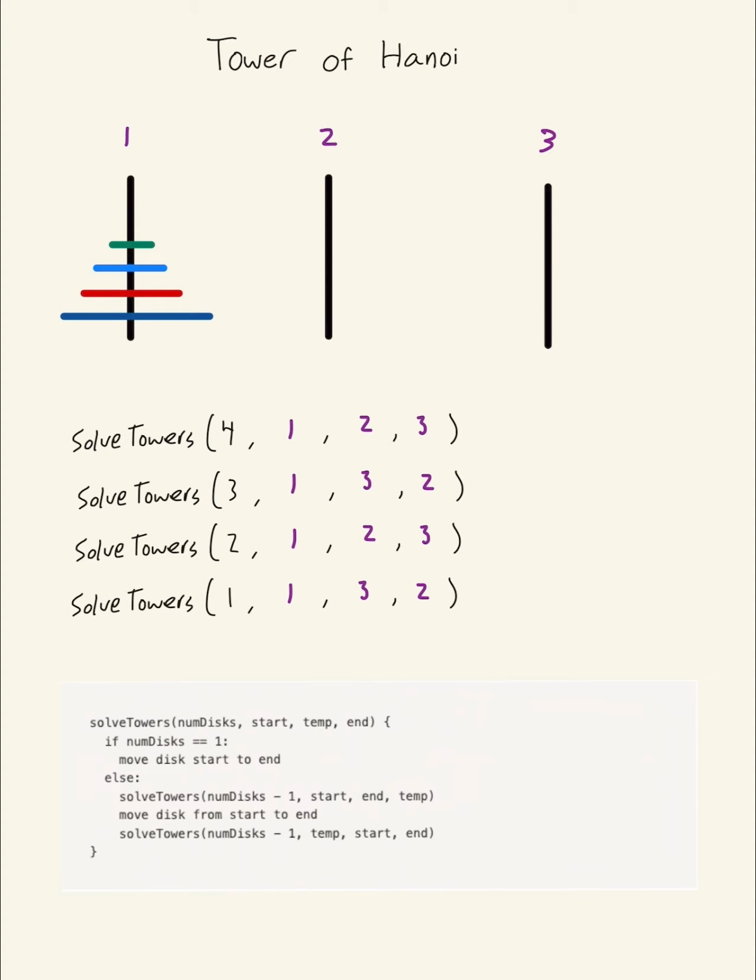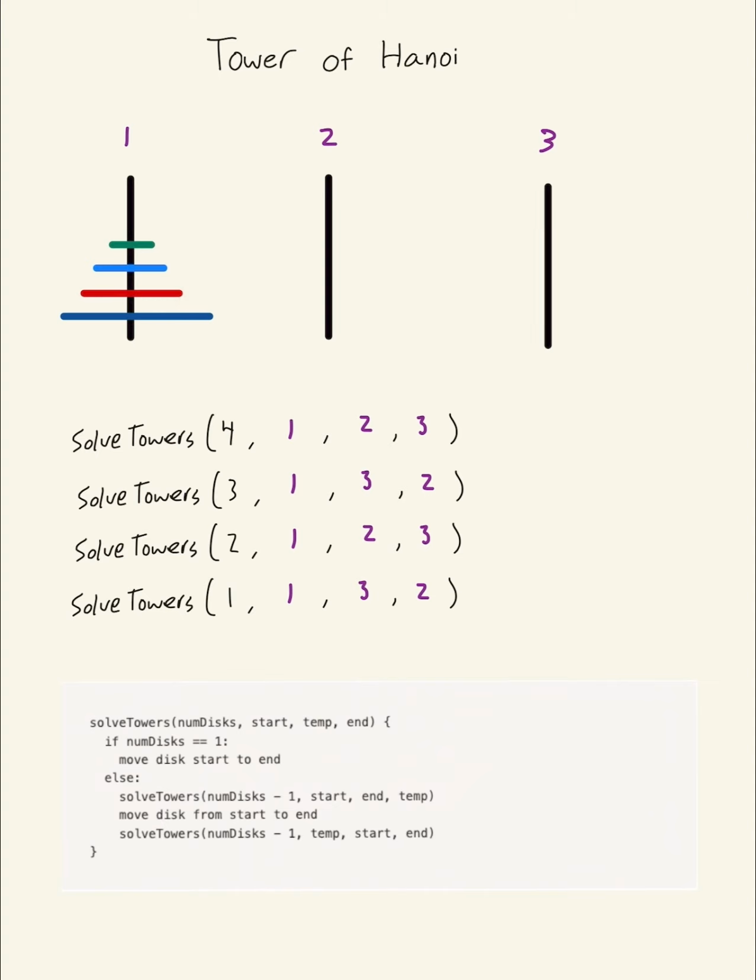This is a subproblem. These 3 disks here are a tower of size 3. So it's a tower of size whatever the original tower was, minus 1. This is a tower of size 4, and we're looking to move a tower of size 3 over here.